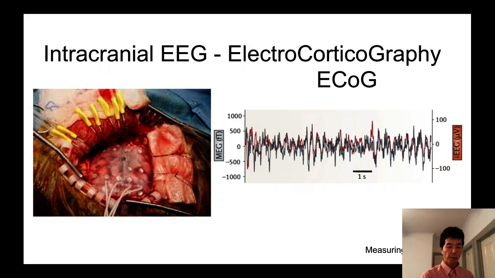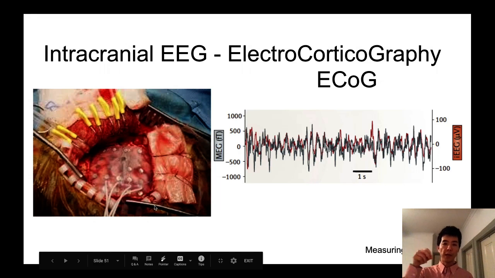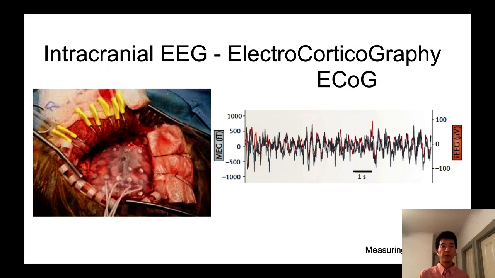For some unfortunate people, epilepsy cannot be treated by just drugs. In that case, these people and the surgeon resort to surgery to remove the source of the epileptic seizure. And for that, you first need to implant electrodes into the brain.